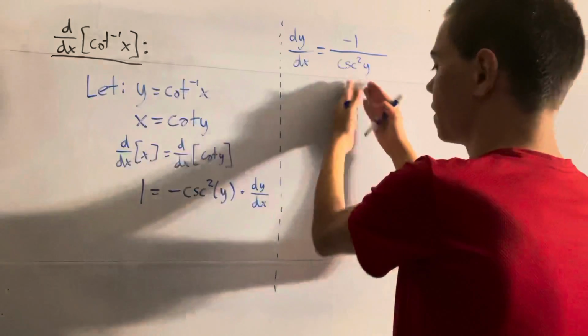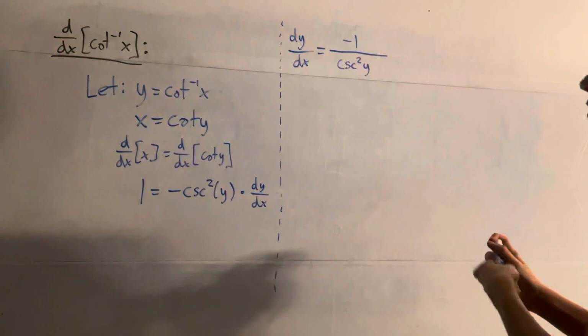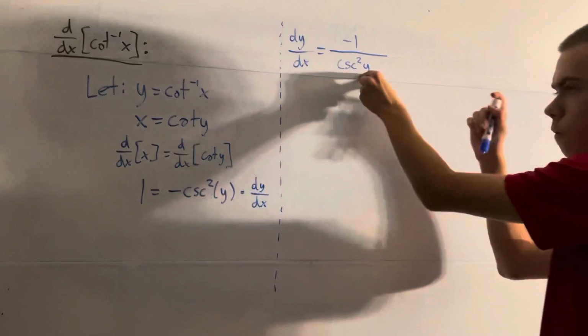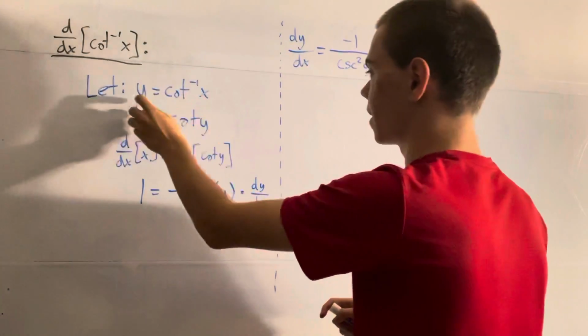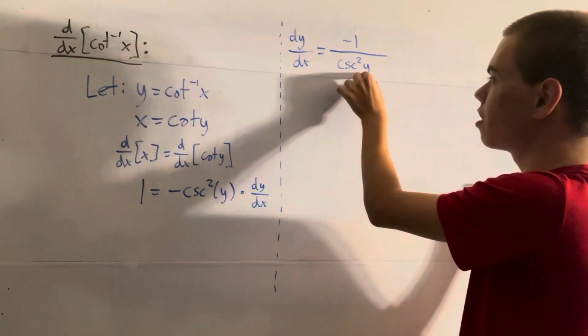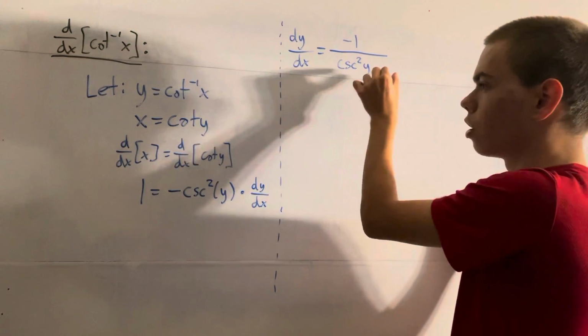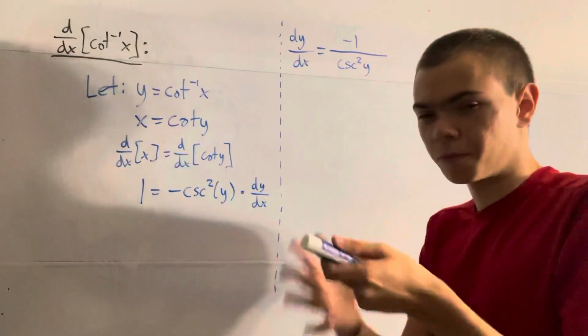So now what we have to do is substitute y for something in terms of x. And we know that y is equal to the arc cotangent of x. But if we substitute y for the arc cotangent of x into here, we'll be doing the cosecant of the arc cotangent of x and then squaring that, and that's just going to make things a little more complicated.